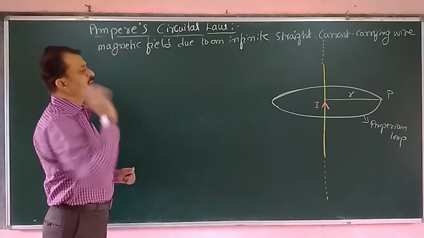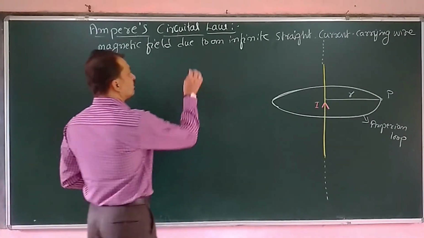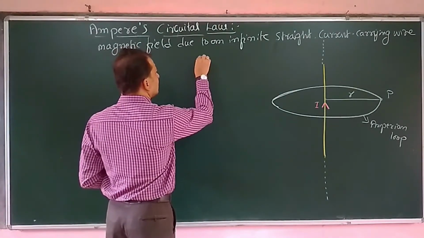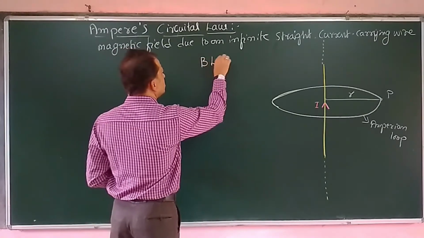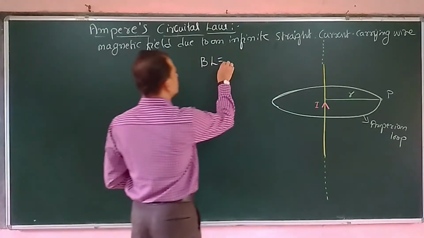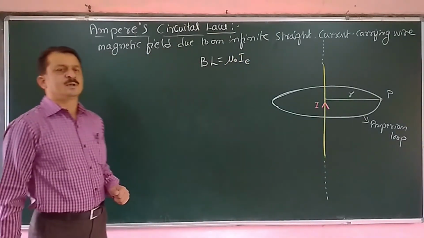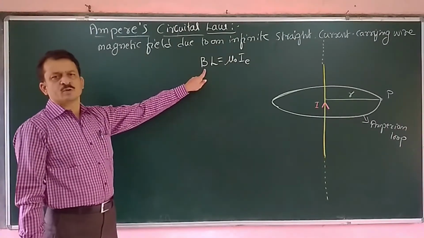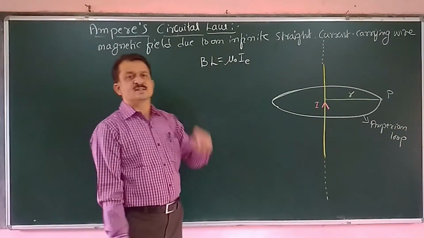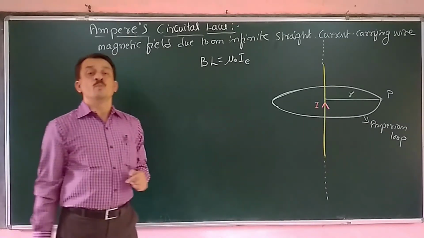Now we will apply Ampere circuit law. From the Ampere circuit law, we have B into L is equal to mu naught into I enclosed. B is the magnitude of the magnetic field and L is the length of the Amperian loop.